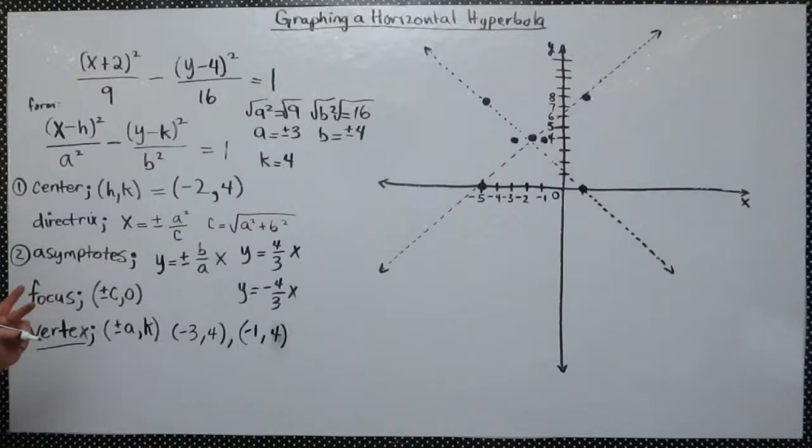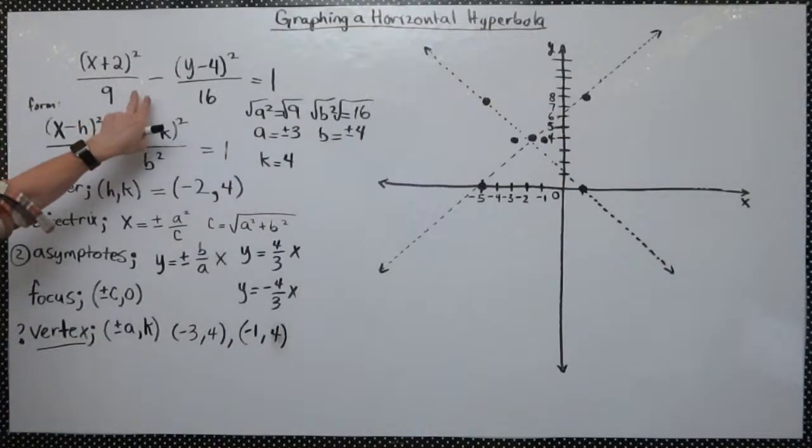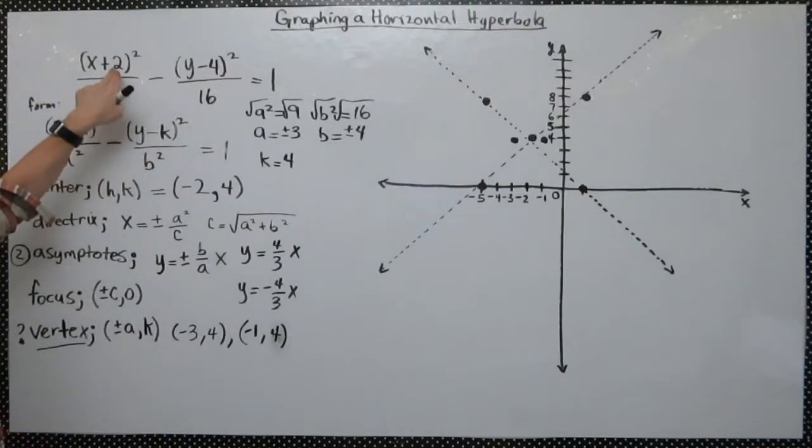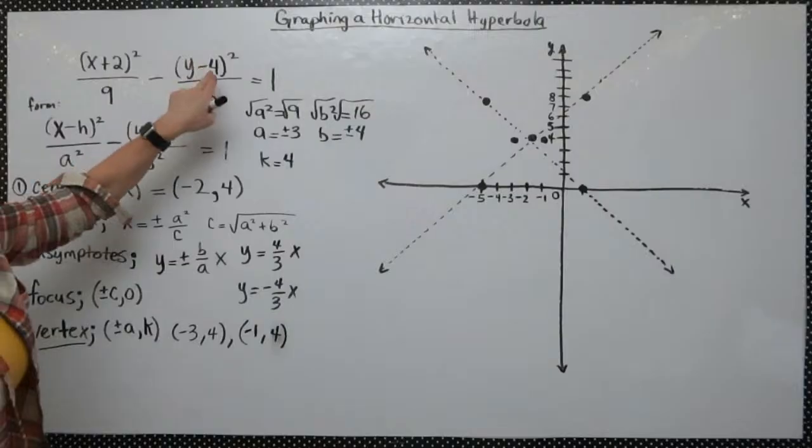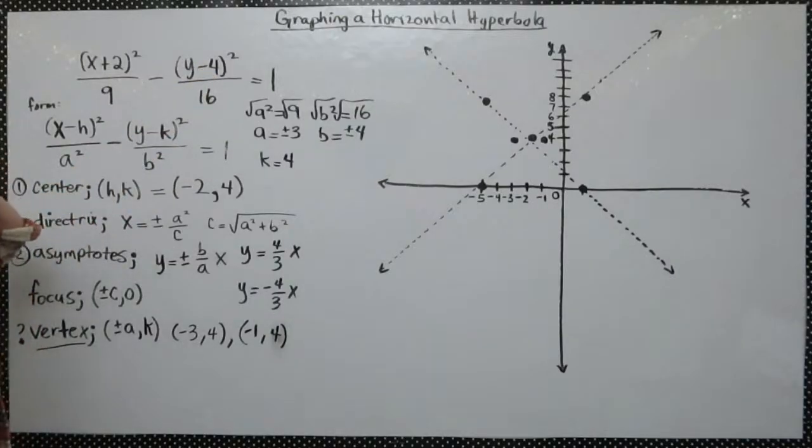And then what I found really helpful was finding the graph that was centered at 0, 0, and then shifting it. So this would be your vertical shift, and this one would be your horizontal shift.